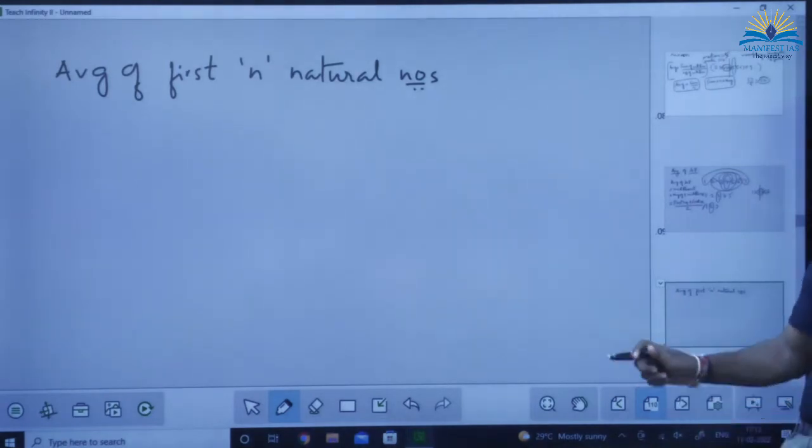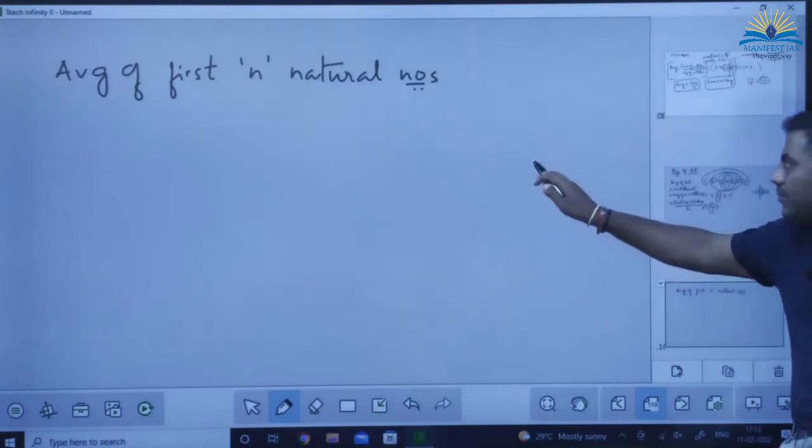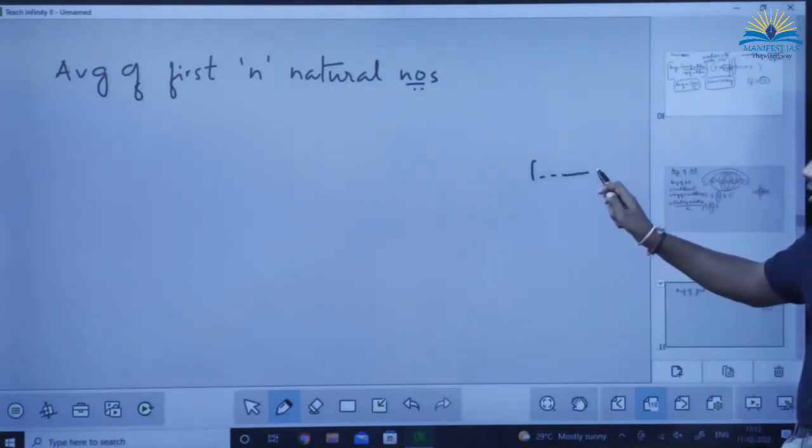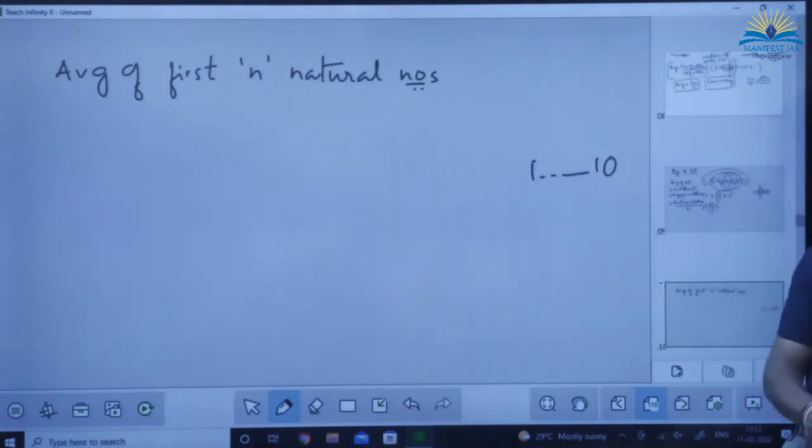For example, 1 to 10. What is the average of these numbers? First number plus last number divided by 2: 5.5. Correct?